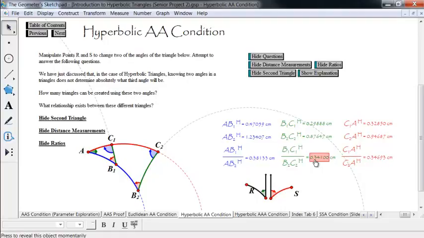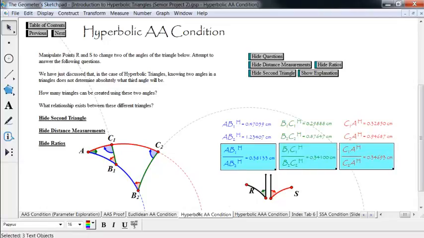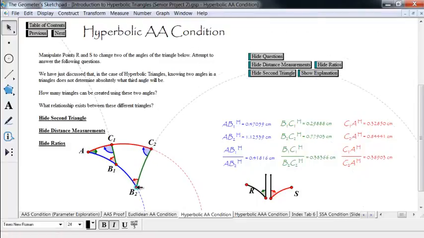And notice that these numbers right here are not the same number. As I move this around, they all change. Not only do they all change, they never were the same. None of them are the same here.